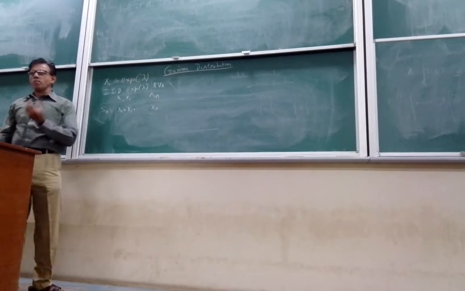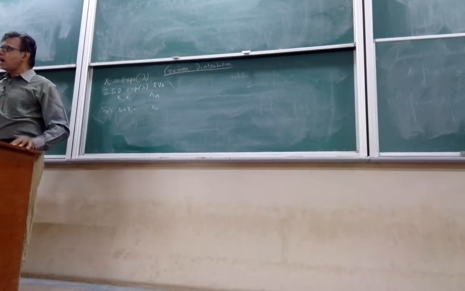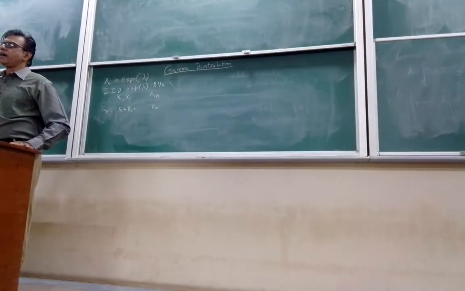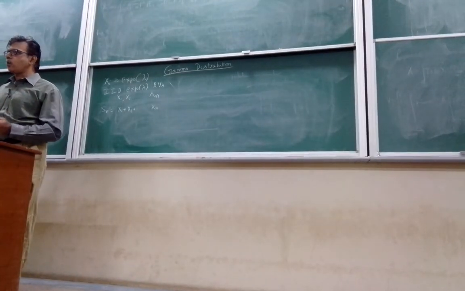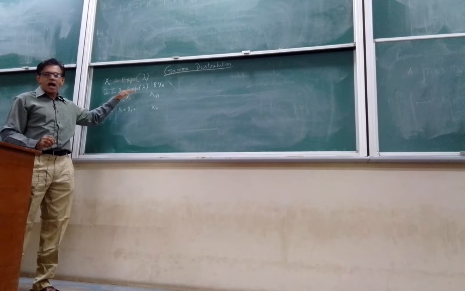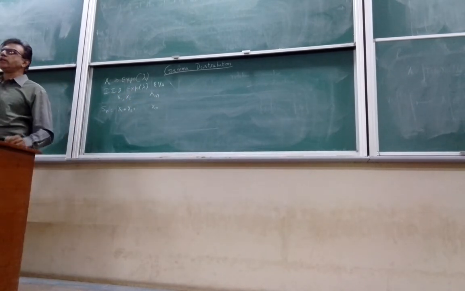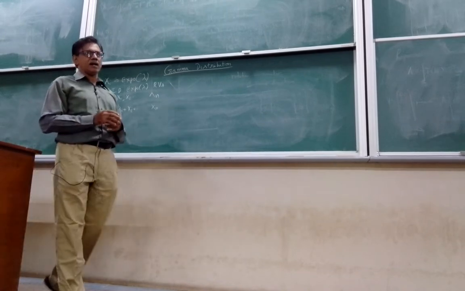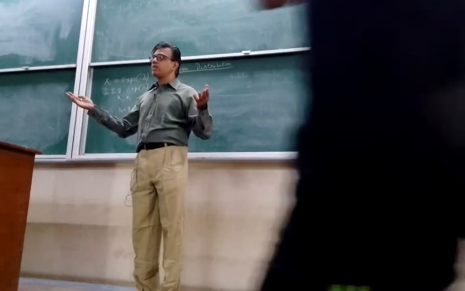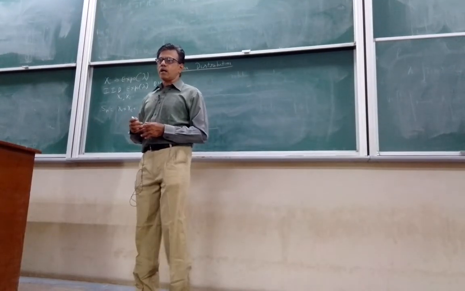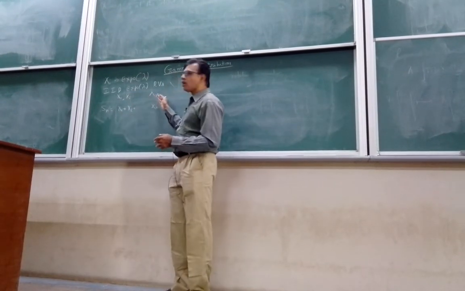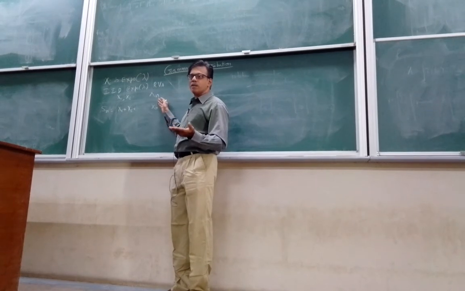So what you do is you pick up one bulb and put it into use, and as soon as it goes away, its lifetime gets over, you replace it by another one and keep doing this up to n bulbs. Then you look at the total period over which these n bulbs have lasted. So it will be the sum of the lifetimes of n components or n bulbs.